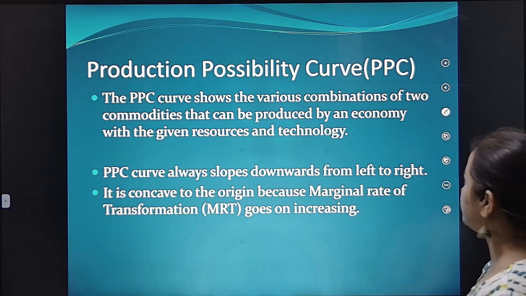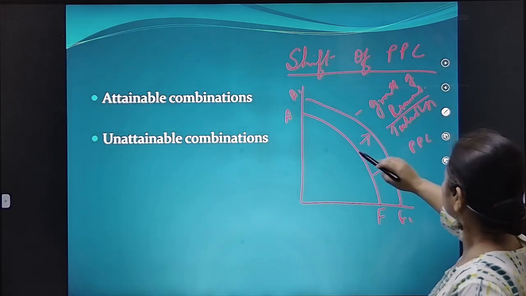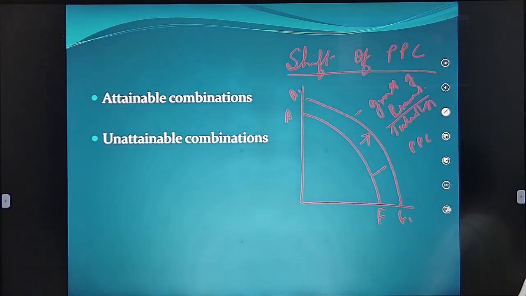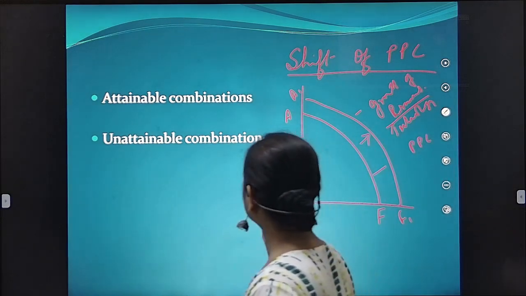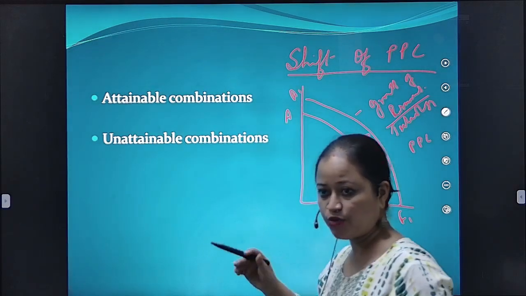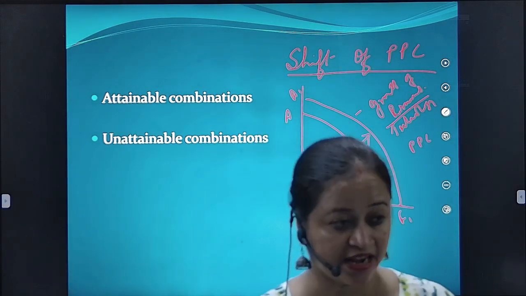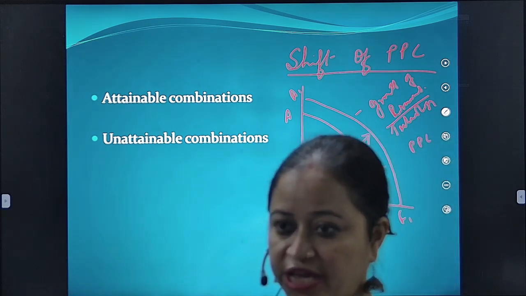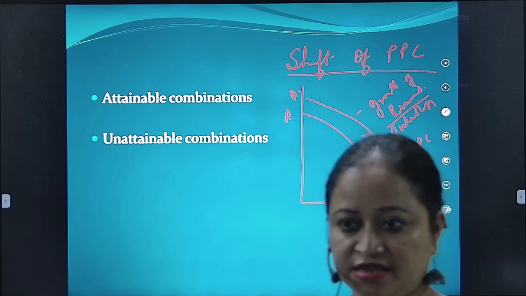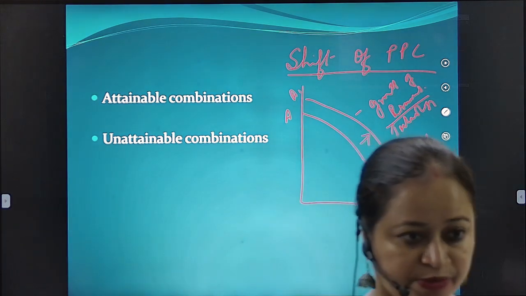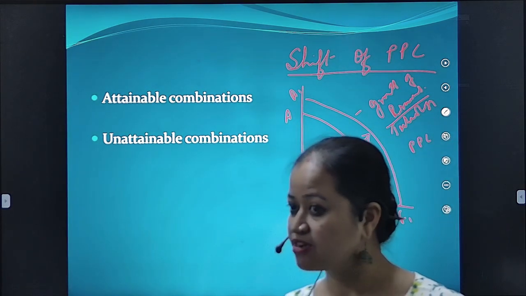So then PPC will have a rightward shift. Fine. And this may also be one question: when there will be growth of resources and updated technology, PPC will shift towards dash. So options will be given. So you will be writing what?